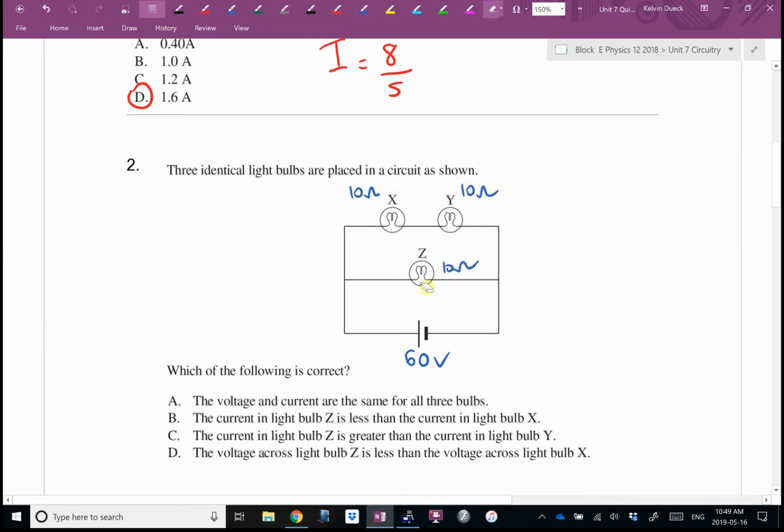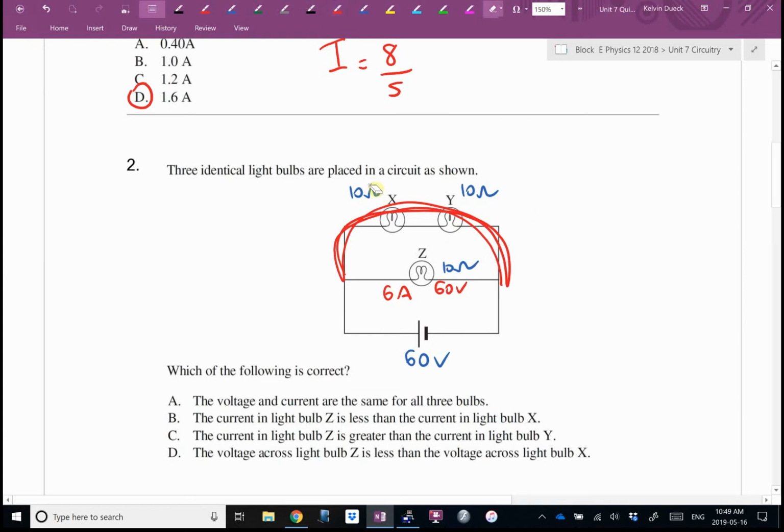Oh, how many volts? How many amps? Oh, how many volts must these add up together? That path must also be 60 volts.